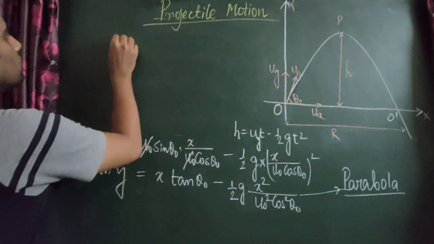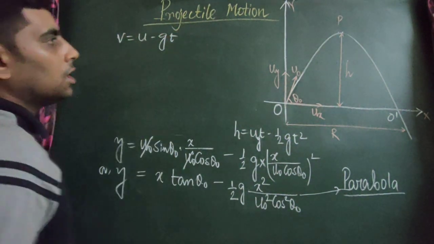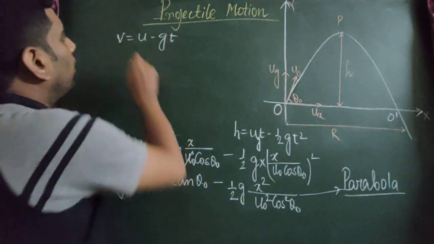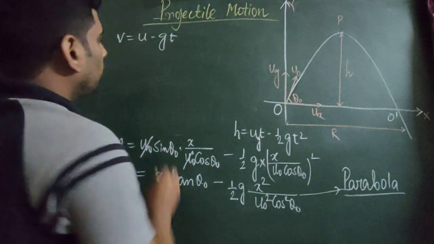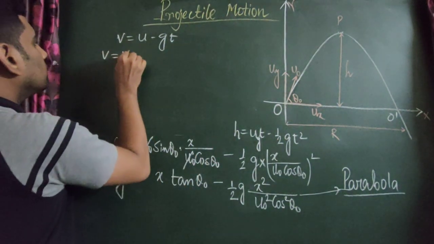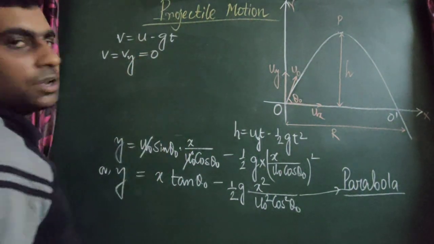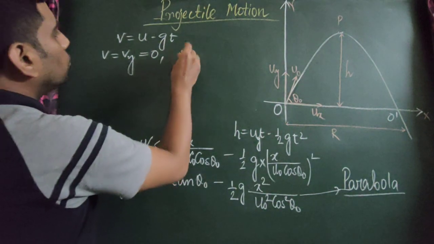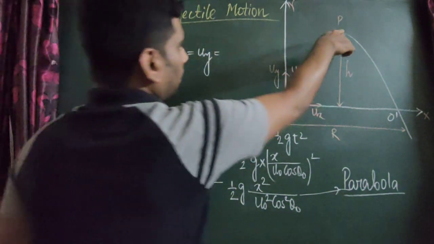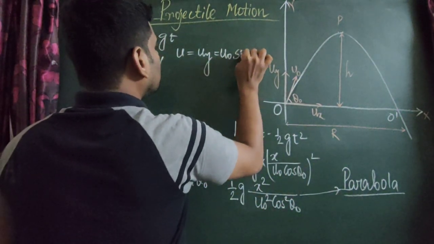To start with, the equation we will use is v equals u minus gt. Now at point P, I am considering the vertical velocity. So v equals vy, the y component, which is 0 at point P, and u will be the y component because I am considering vertical velocity both times, that is u0 sine theta 0.